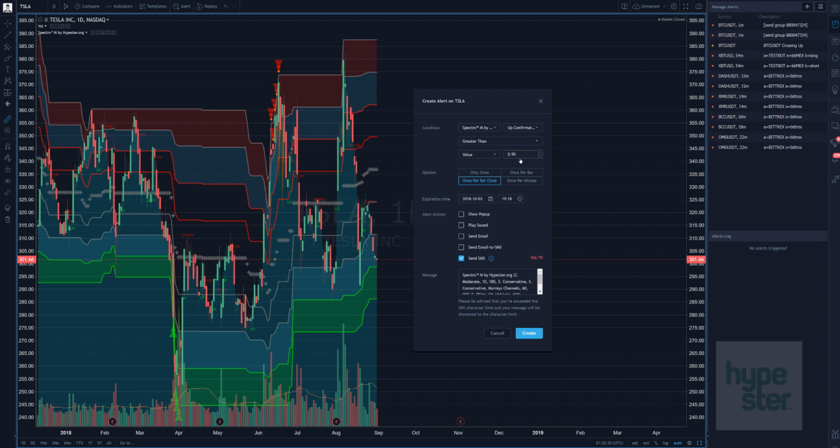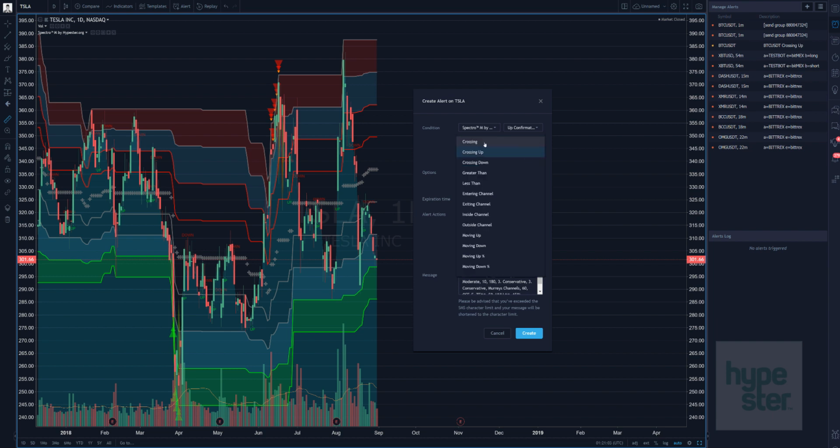Why greater than 0.9? Because those things are not a line, not a price, not a support level, not price related, they're a condition. So when this condition is true, it's equivalent to 1. When this condition is false, it's equivalent to 0. Therefore, if we have an up confirmation, the value is 1, which means that's greater than 0.9. You could use crossing up.